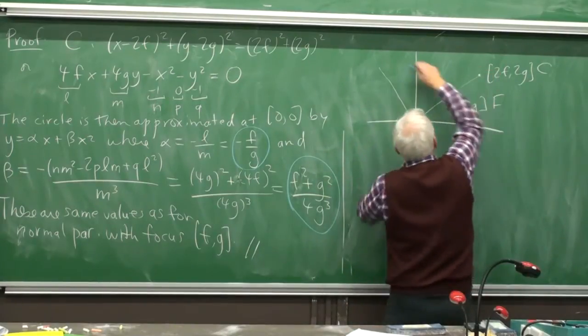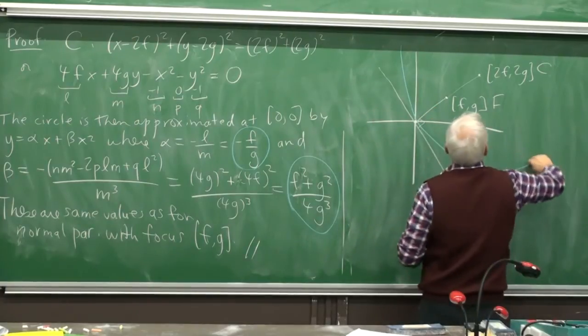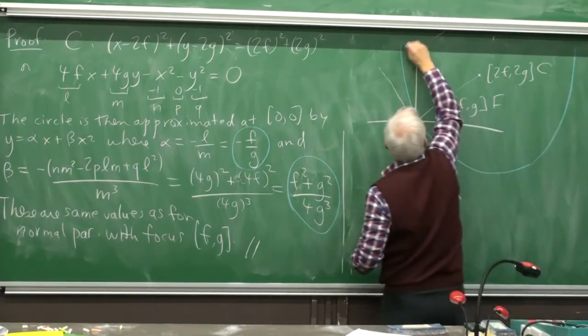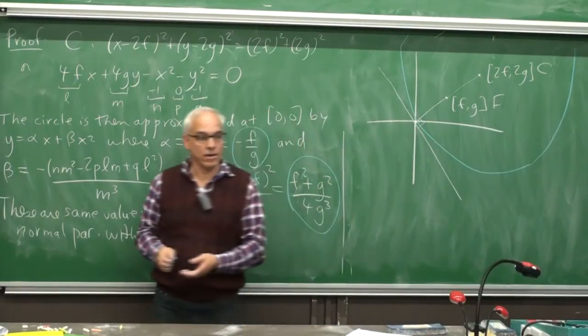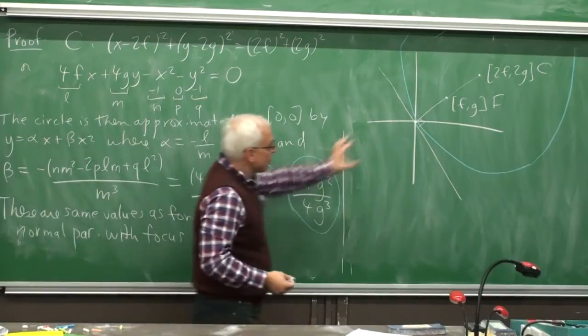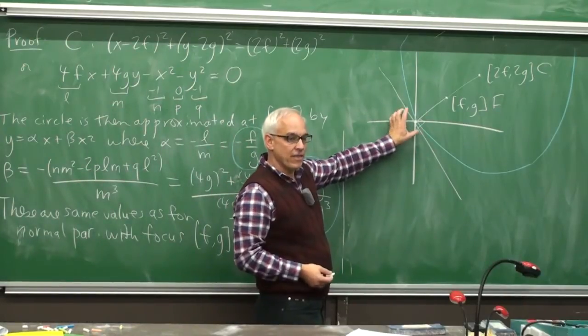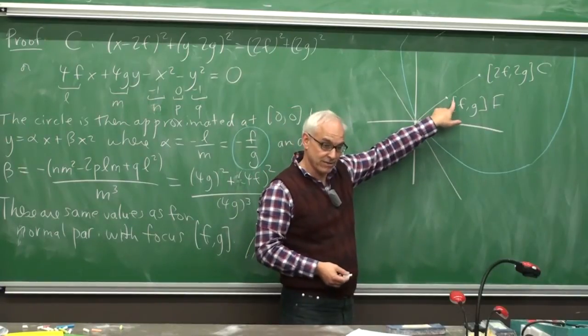So we just draw this circle. It's supposed to be a circle centered at C, passing through the origin. And then what we've just shown is that close to the origin, that's a pretty good graph of the parabola whose focus is this point.